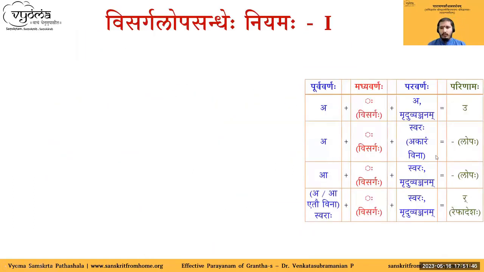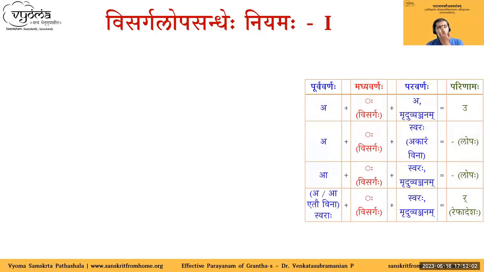The next sandhi type is lopa sandhi. In lopa, there are predominantly two rules, as seen in the table on the right hand side.